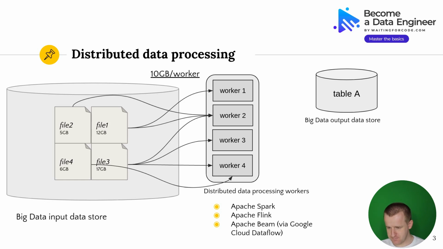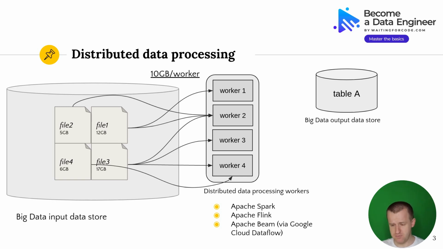We have file 1, with 10 gigabytes going to worker 1 and 2 gigabytes going to worker 2. We have file 2 completely going to worker 2, and we have 3 gigabytes of file 3 going to worker 2.